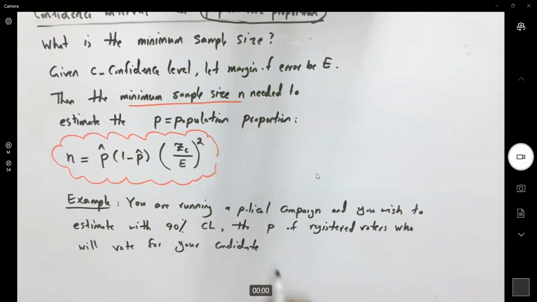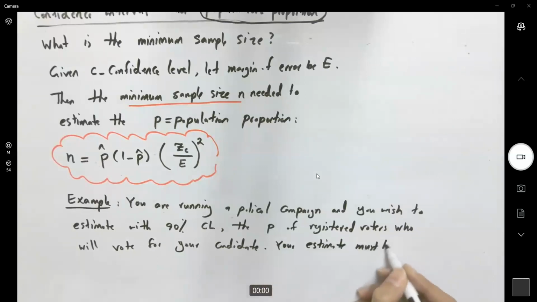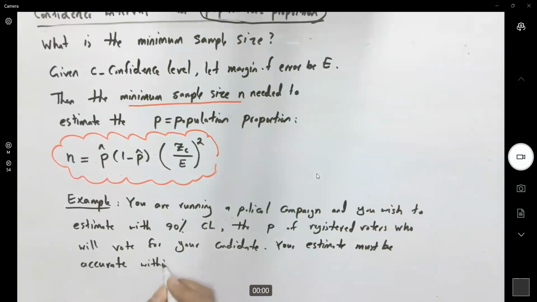Very good. So your estimate must be accurate within 3% of the population proportion. Find n, the minimum sample size, when no preliminary estimate is available.